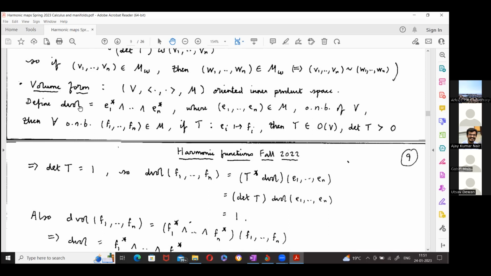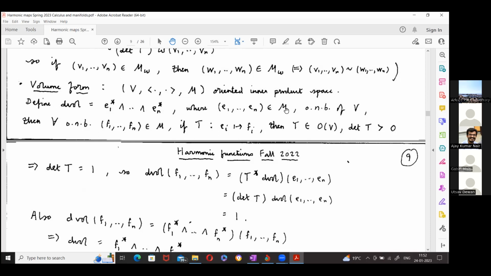Then we can define what's called the volume form of V, dvol. This is going to be an n-form defined to be E1 star wedge ... wedge En star, where E1 to En is any orthonormal basis of V which belongs to this orientation. Okay, so we call it a positively oriented orthonormal basis.